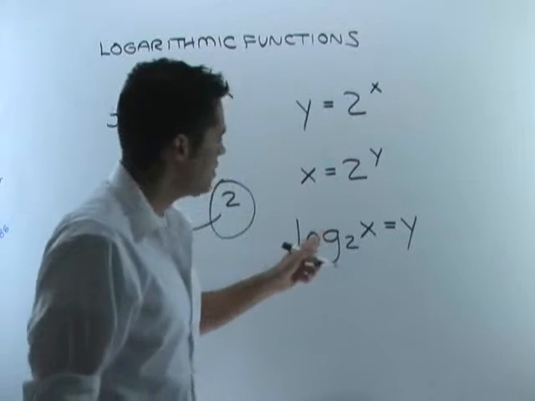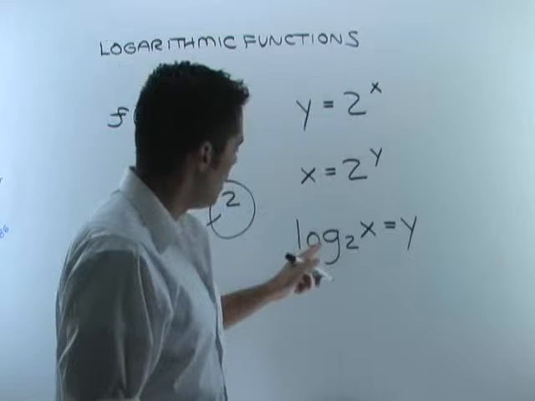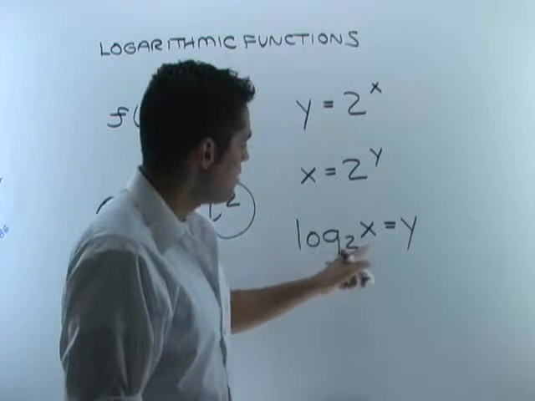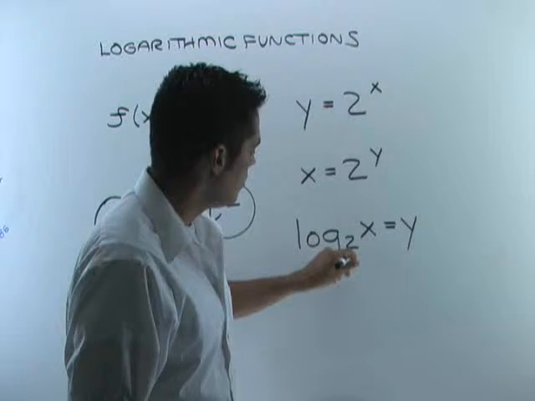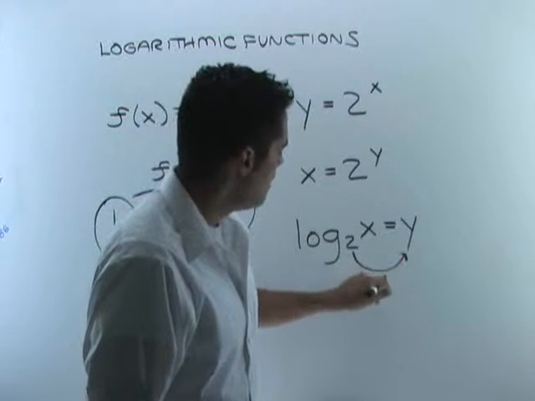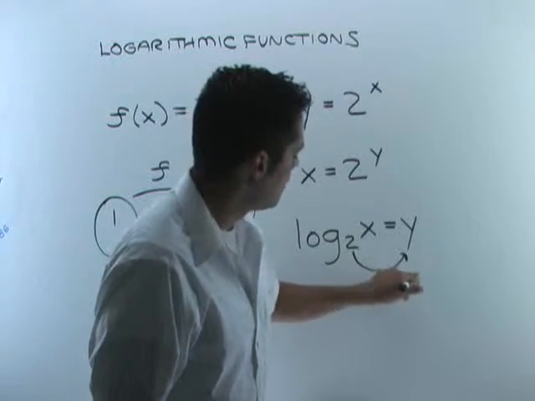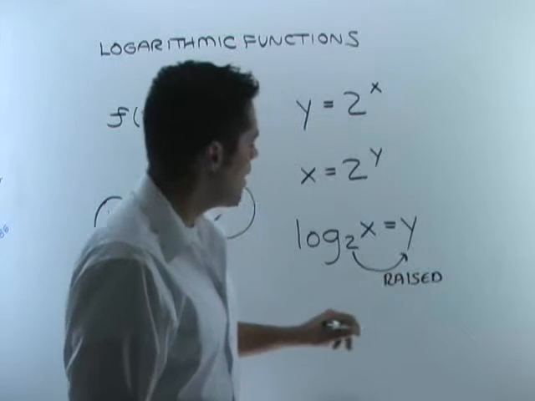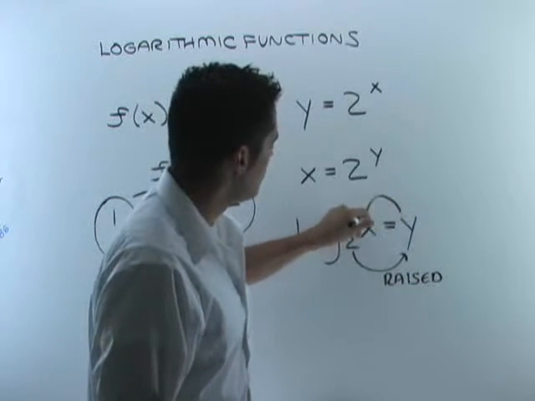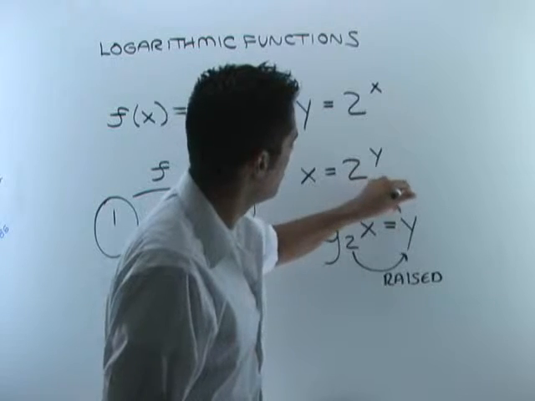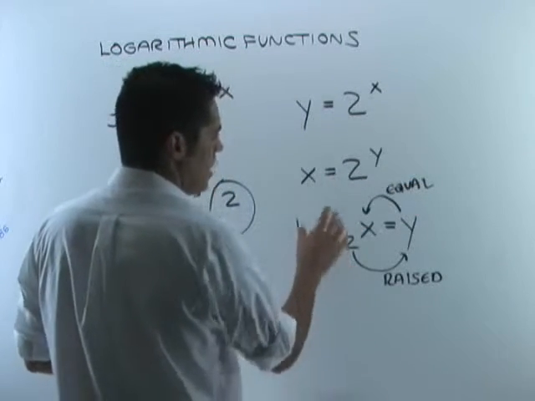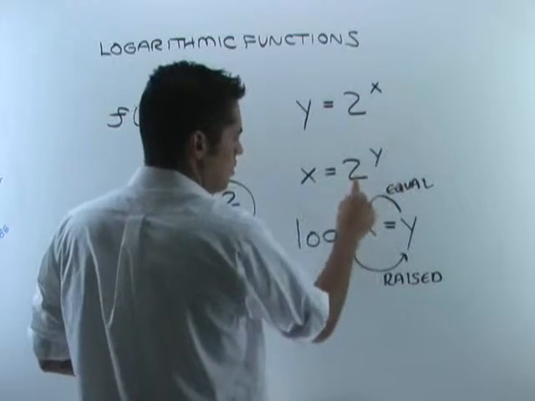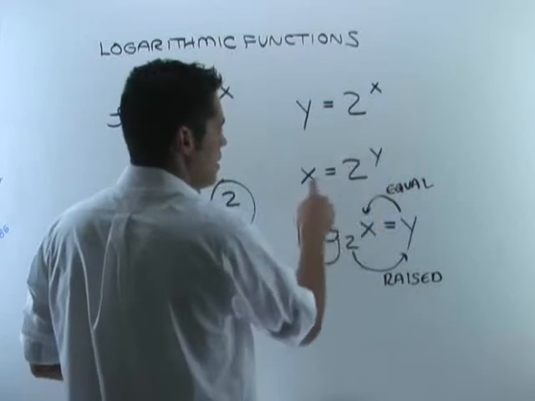Okay, now what does this mean? This means that 2 raised to some power y is equal to x. I like to look at it like a little loop: 2 raised to this power is equal to x. So you can see it's another way of writing this. 2 raised to this power y is equal to x.